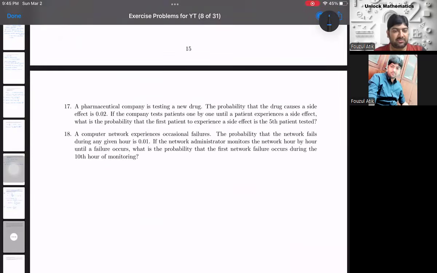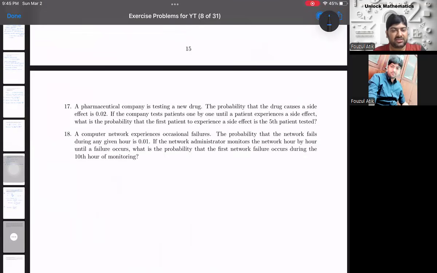Look at the problem number 17. A pharmaceutical company is testing a new drug, and the probability that the drug causes a side effect is 0.02.